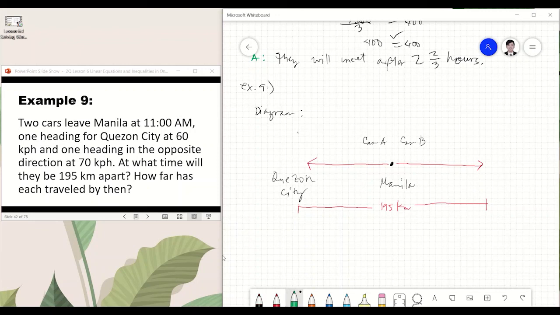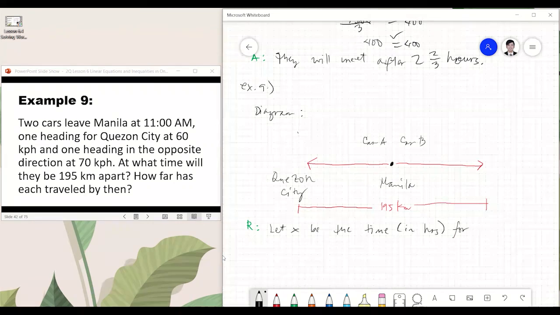So, we'll start with our representation. So, again, yung x natin is yung hinahanap natin, in which it's the time. So, don't forget that it should be in hours kasi kailangan consistent yung units natin. Hindi pwede na magkahalong hours at saka minute at seconds.